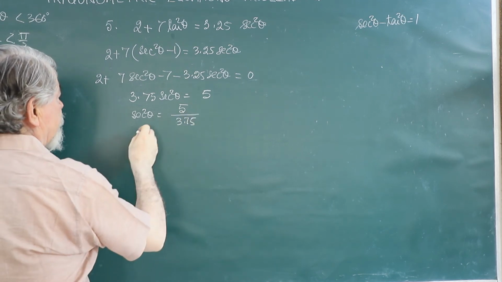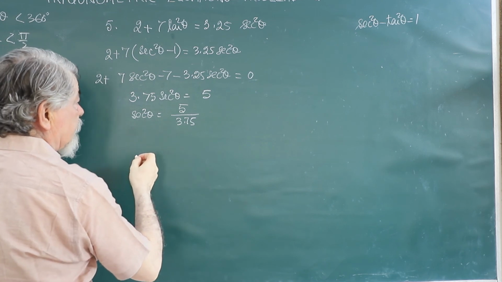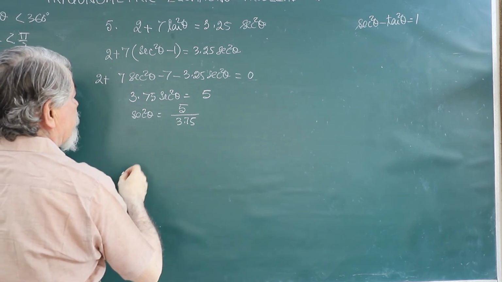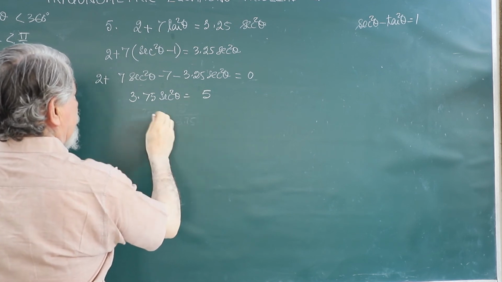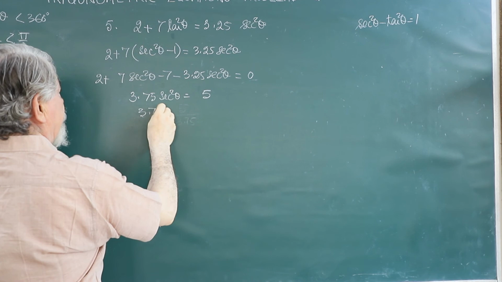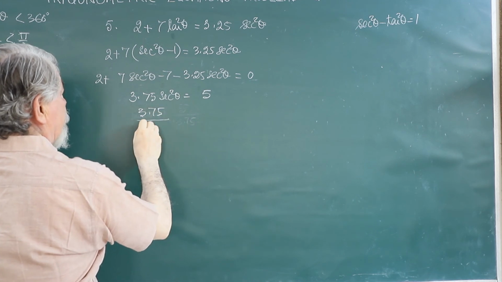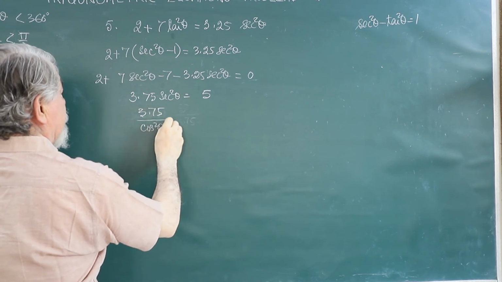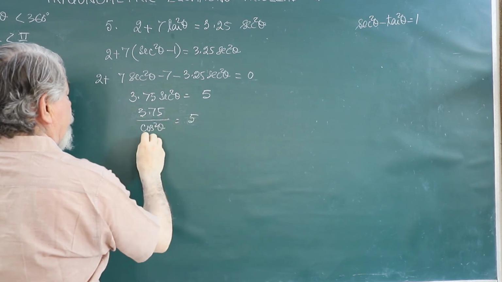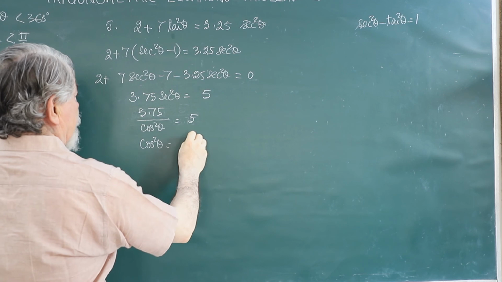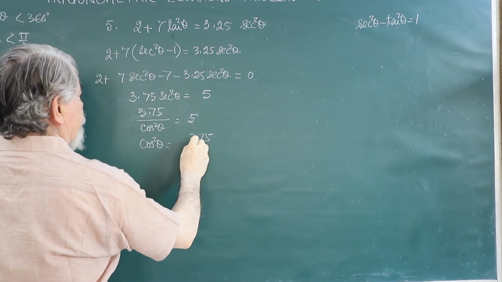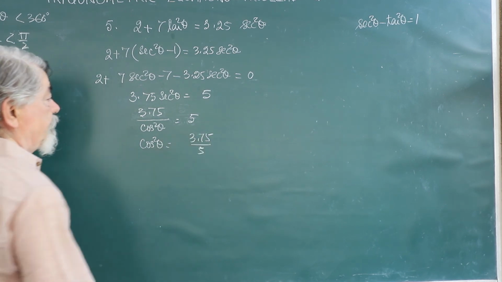Or sec square theta can be written as 1 upon cos square theta. So 3.75 upon cos square theta is equal to 5, or cos square theta will become what? 3.75 upon 5.